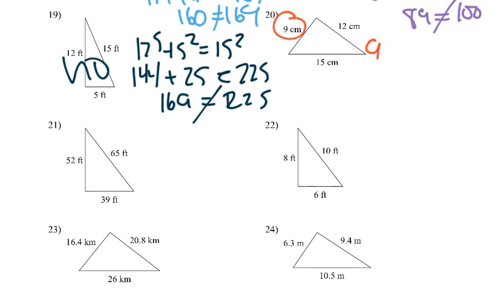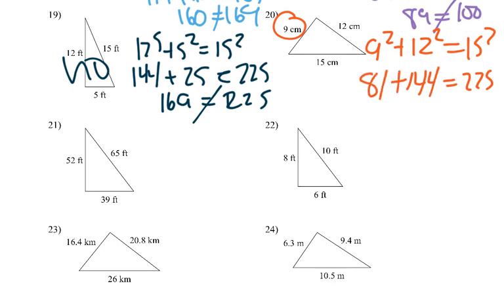So 9 squared plus 12 squared, does that equal 15 squared? So 225, 144, and 81. Okay, I believe this will work. That is true, so yes, that's a right triangle. Those numbers make a Pythagorean triple.